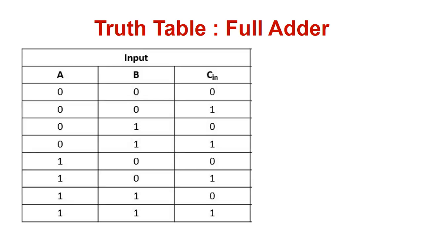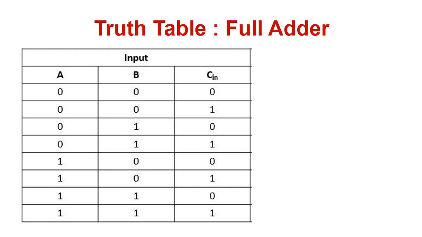Similar to the half adder, the full adder also has a truth table. However, this time the input will have three variables. That means A and B are the variables which hold the actual value, and the third variable Cin acts as a carry input.